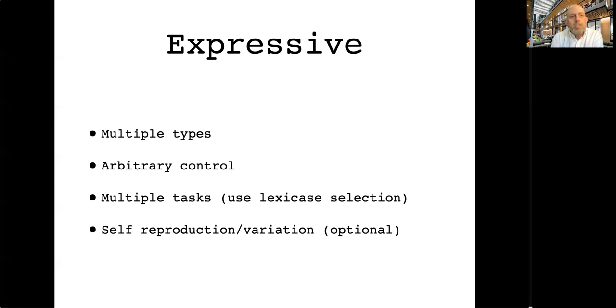Arbitrary control is also something that push provides that is somewhat difficult to attain with tree-based or many other representations. So while people have developed looping and conditional structures in tree-based program representations used for genetic programming, it's quite a bit trickier to evolve something that uses some notion of coroutines or different numbers of automatically defined functions that take different numbers of arguments or different types of arguments and so forth.